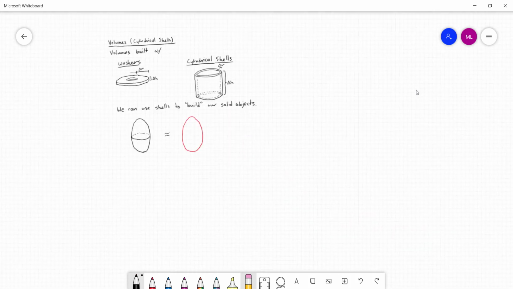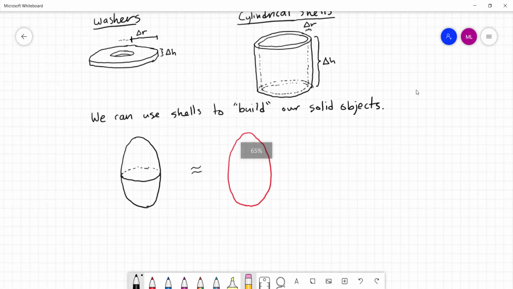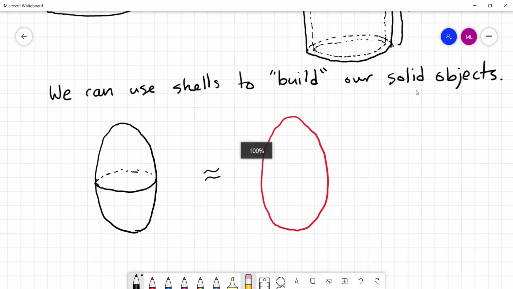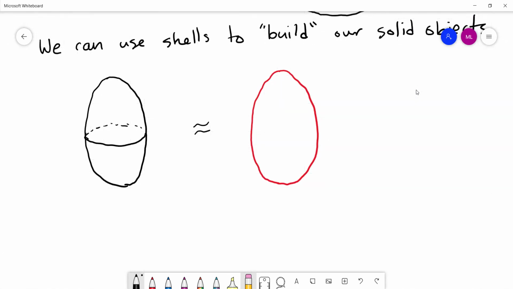But let me build this shape up with the type of shells that I'm thinking of. So basically, we would approximate this with a big outer shell. It goes like this. It would have a shell inside of it. You can almost think of it like a wedding cake type of shape here, where we're stacking successively smaller and smaller cylinders, one wrapped around the other, wrapped around the other.